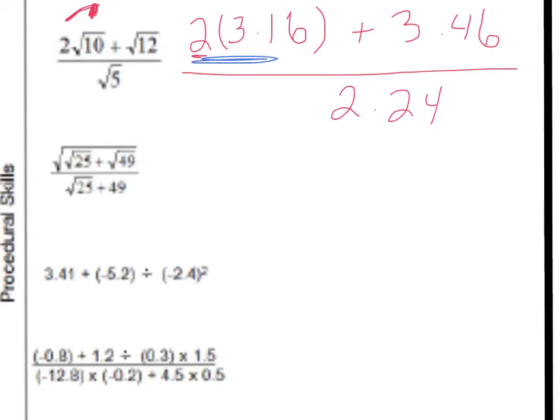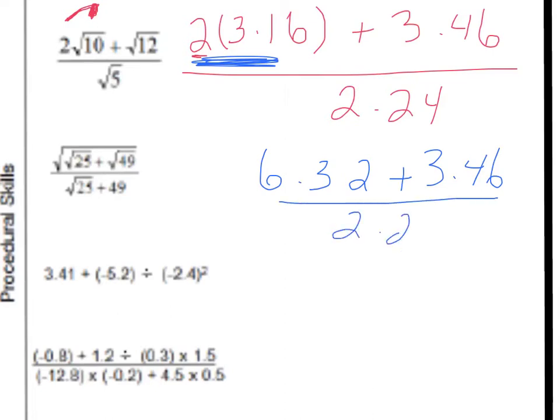Next step I do is the multiplication. So then I go 2 times 3.16, which is 6.32 plus 3.46. I'm going to add those together, and I'm going to divide by 2.24.